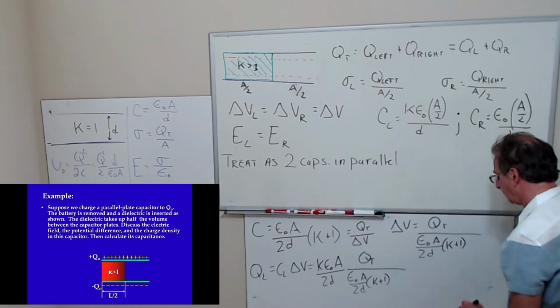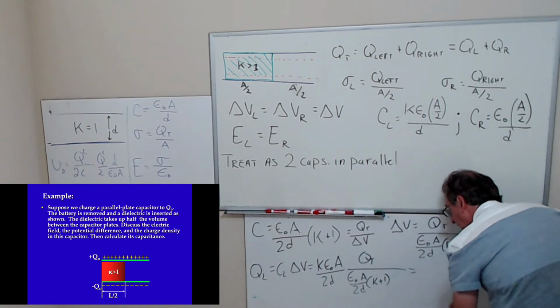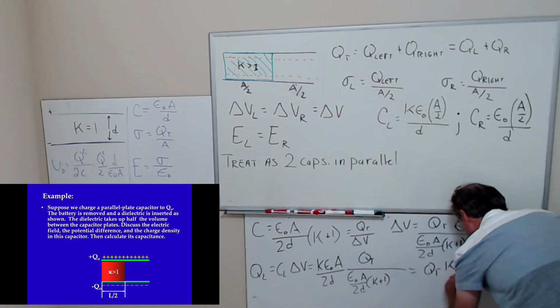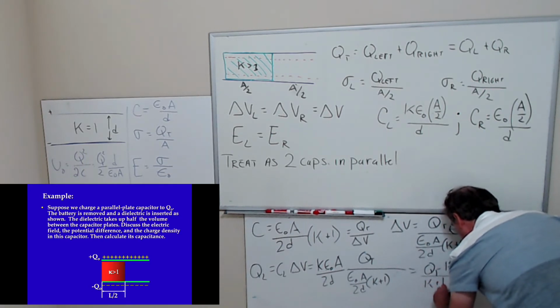All right, so Q left ends up being Q total times kappa over kappa plus 1.